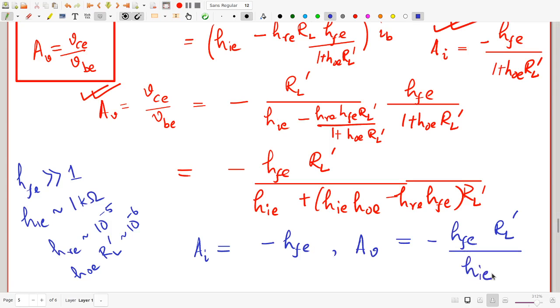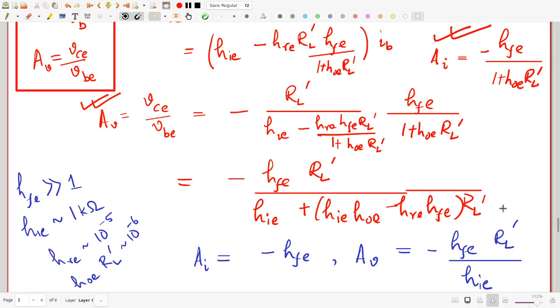So this is the simplification which occurs because you are using the common emitter H parameters to describe the transistor. If I had used the Z or the Y parameters, the various parameters would have been reasonably large. All of them would have been of the same order, so the simplification would not have occurred.